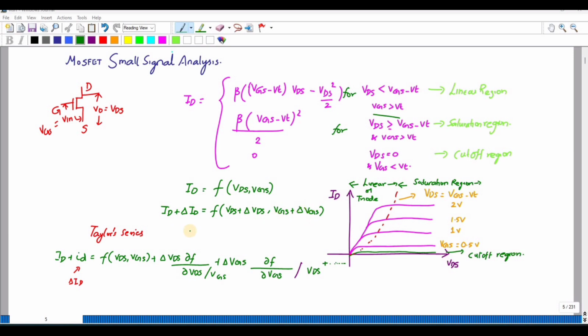Using the Taylor expansion, I can write this del ID as F of VDS comma VGS plus del VDS dou F divided by dou VDS plus del VGS dou F divided by dou VGS.